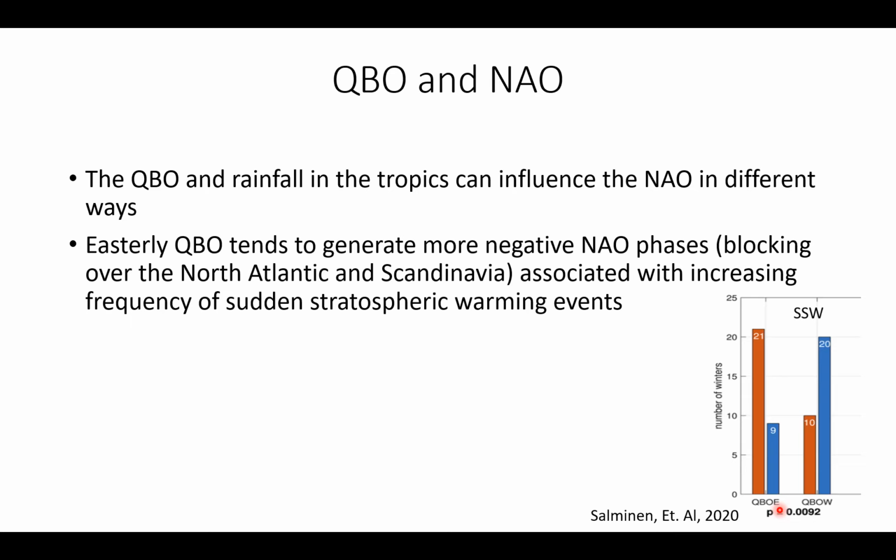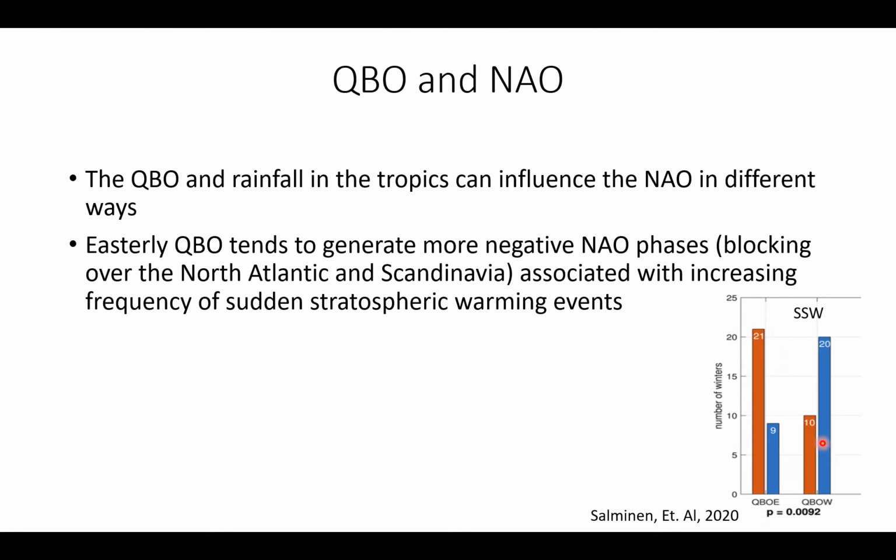When we have a QBO in the easterly phase, QBOE, over the whole realm of winters that they looked at, Salminen et al. found 21 winters saw a sudden stratospheric warming during the QBO easterly phase, as compared to only 10 when the QBO was in the westerly phase. So a ratio basically of 2 to 1. Twice as many sudden stratospheric warming events occurred during a QBO easterly phase as compared to the QBO westerly phase.